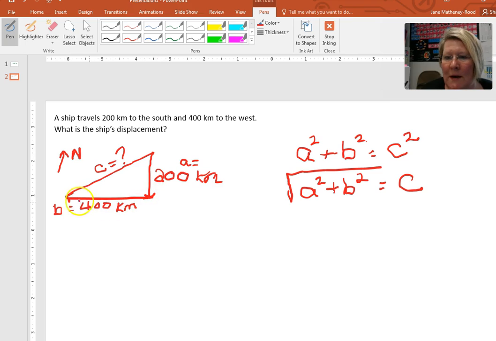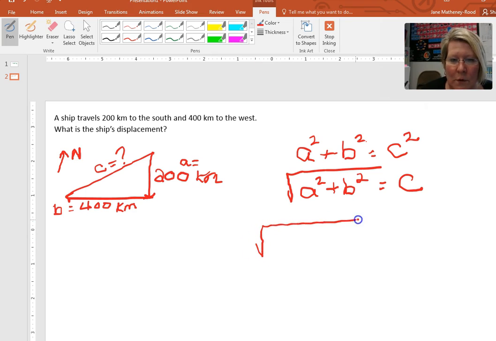Since we have a right angle triangle, we can use the Pythagorean theorem. A squared plus B squared equals C squared. We don't want to know C squared, we simply want to know C. In order to get rid of the square, we take the square root of both sides. So here's our final formula, and then it's just a matter of plugging in the numbers. So let's go ahead and do that.